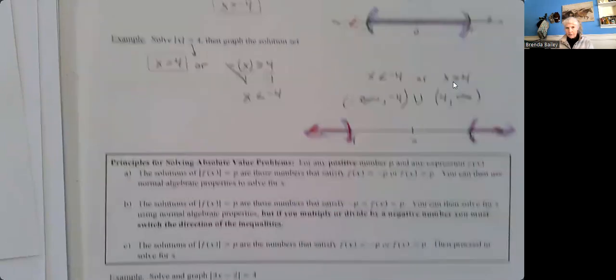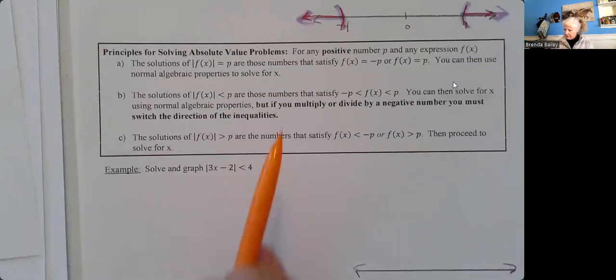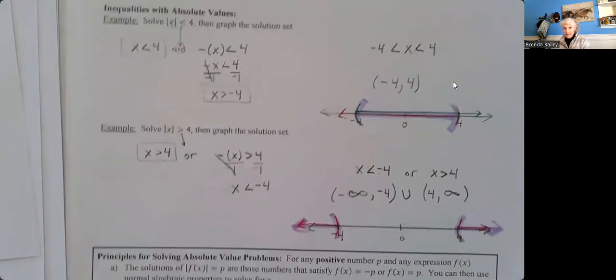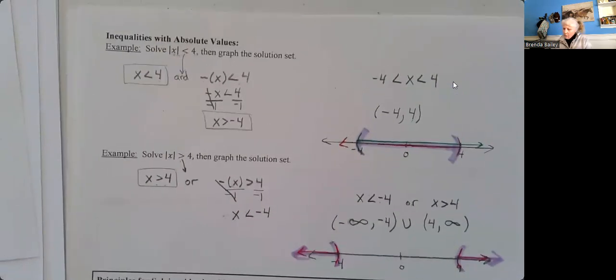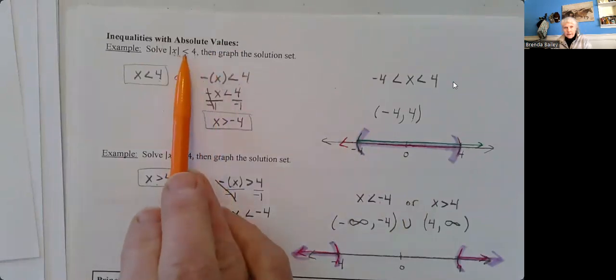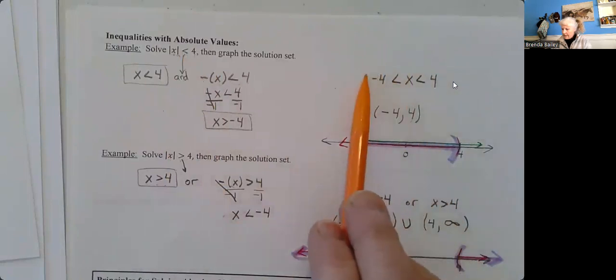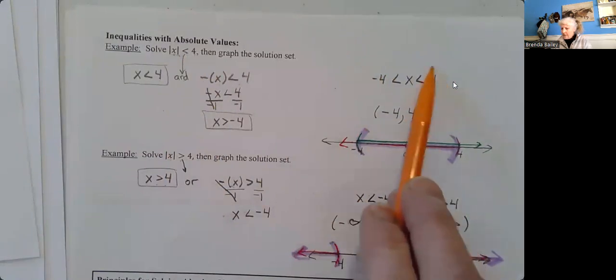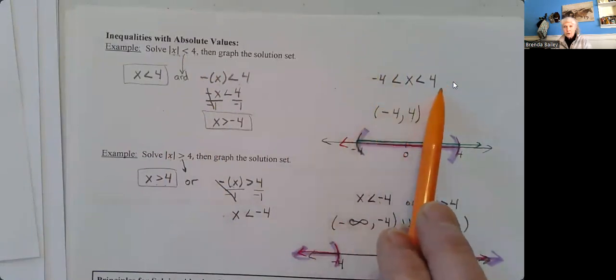Perfect. Let's go through this next part. This is just explaining what we're doing, and I'll go ahead and look at a shortcut. Whenever you have a less than with an absolute value, your solution will look like this. Knowing that, can we make it shorter?